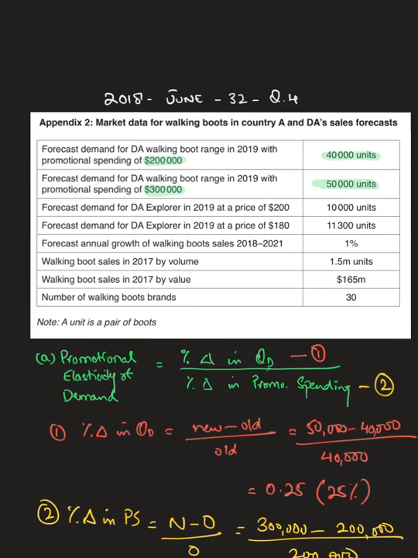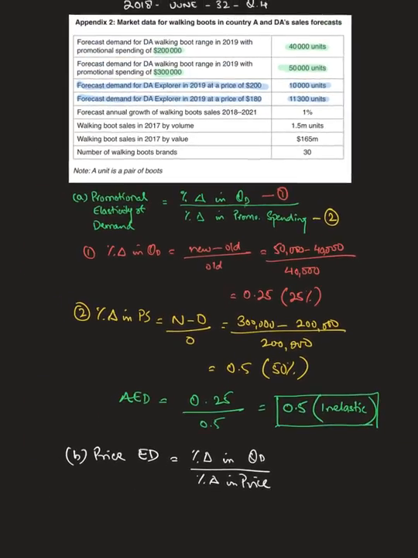Forecast demand for DA Explorer in 2019 at a price of 200,000. That's the old price. The forecast demand for DA Explorer in 2019 at a price of 180,000, and you're also given the number of units or quantity demanded at that range.